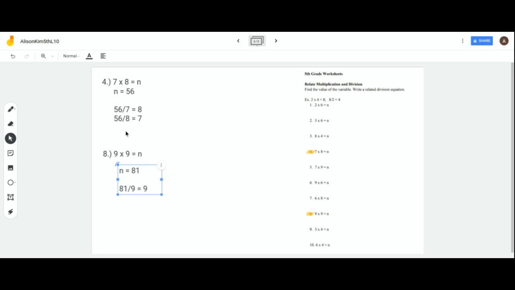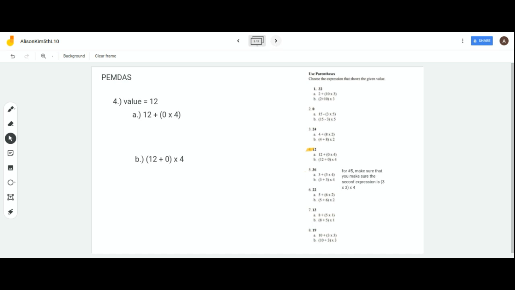So your multiplication answer will be 56 and your division answers will be this whole portion, and your multiplication answer for number 8 will be 81, and your division answer will be 81 divided by 9 equals 9. You have to do this for all of these problems, okay?